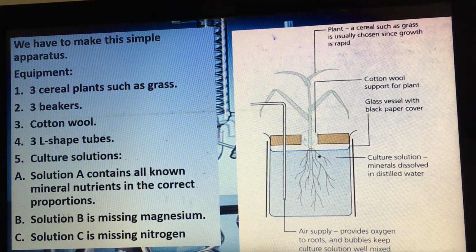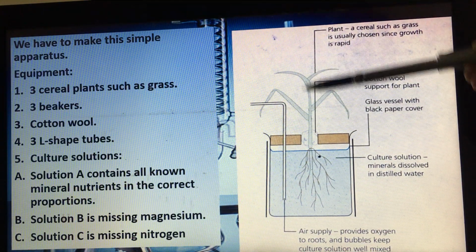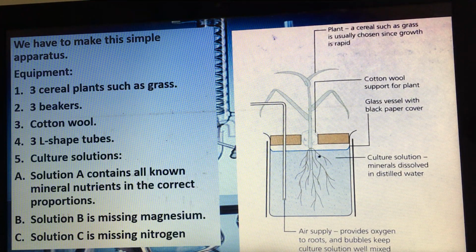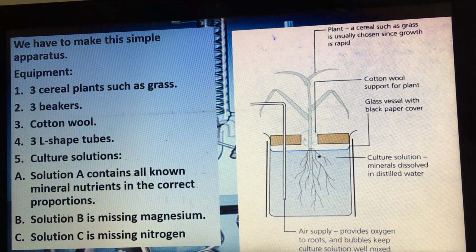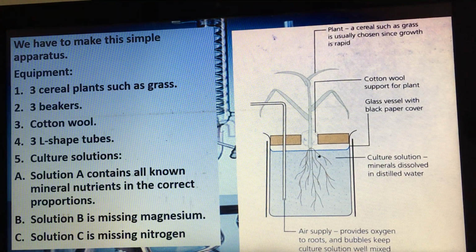Actually, we choose cereal plants because the growth of these plants is rapid, so the results appear in a short time.